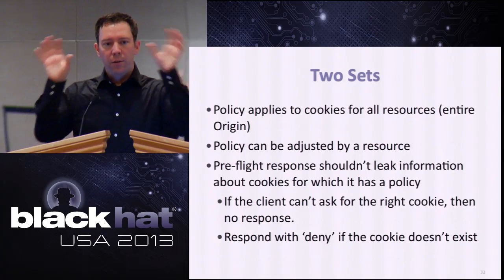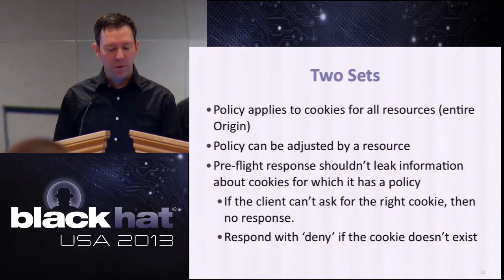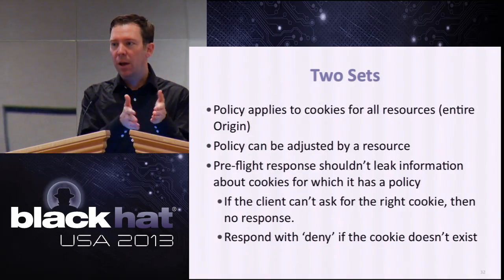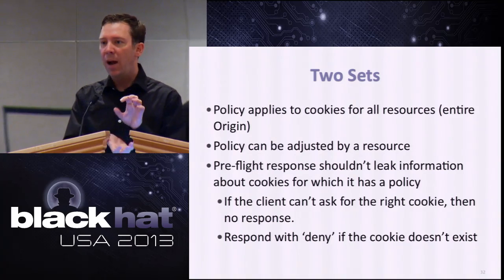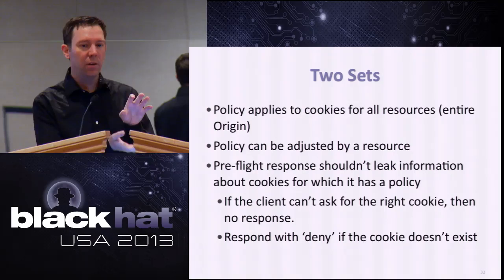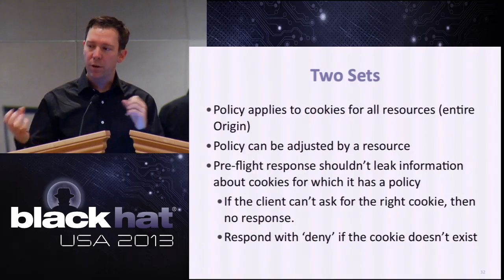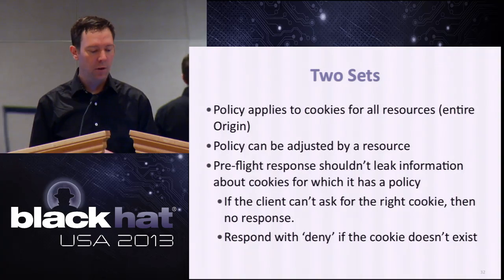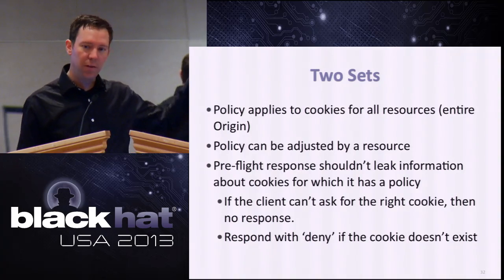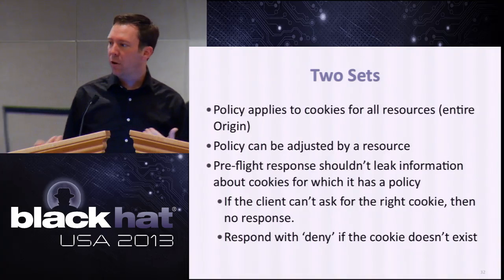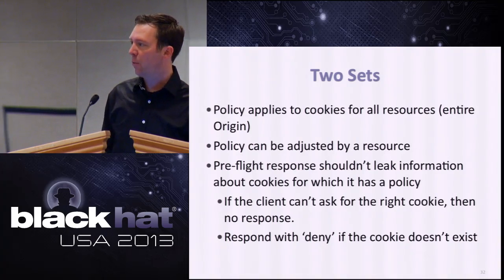So there are 2 major categories of things that are being tracked here. The policy is being applied to a cookie, and the browser is tracking how this policy and the destination origin, the resources on this destination origin, interact. We also think there's some tricks in there: this pre-flight response shouldn't leak any additional information about the web application.